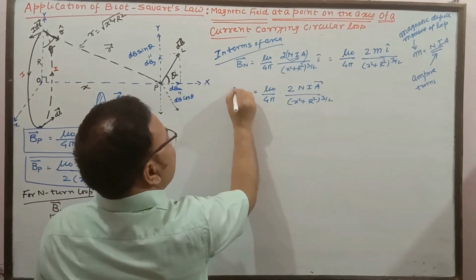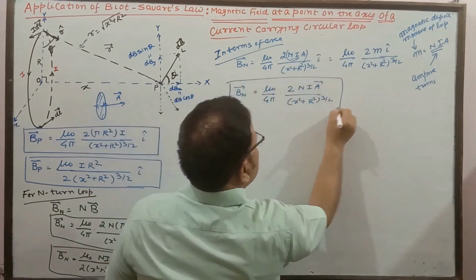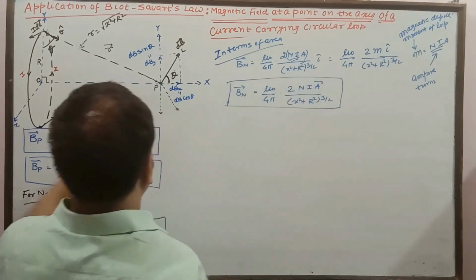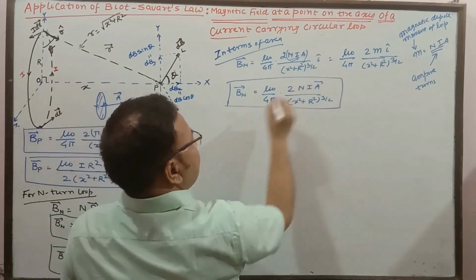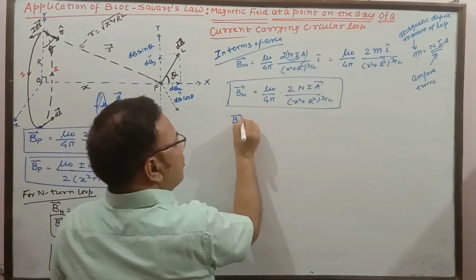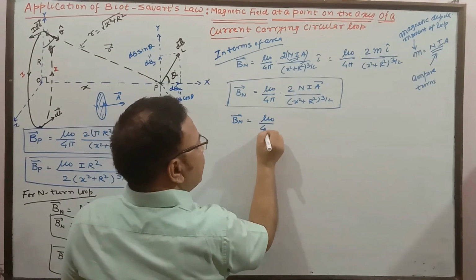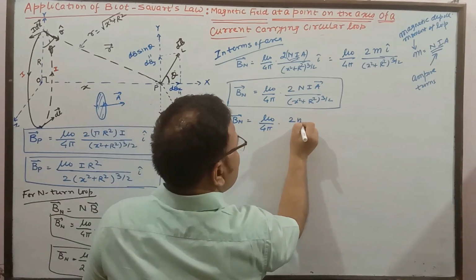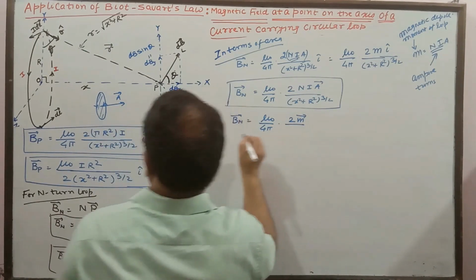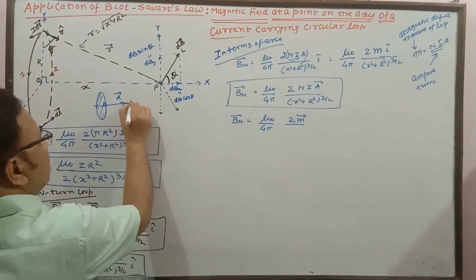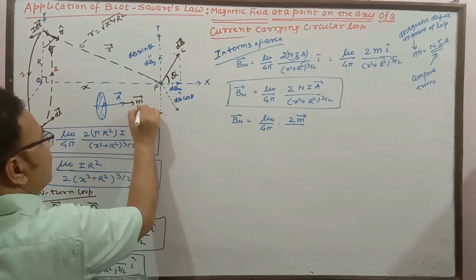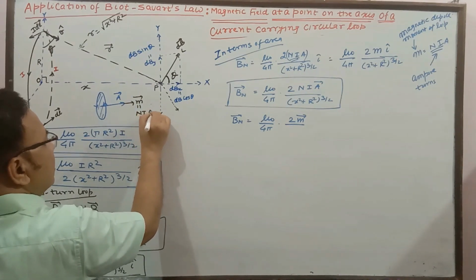This is the value of magnetic field in terms of area vector of the loop, and the direction of area is along the x-axis. In the same way, in terms of magnetic dipole moment, the same can be written as mu naught by 4 pi 2 m cap. M cap is also in the same direction, which is equal to n I A cap.